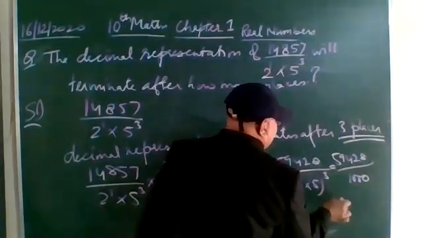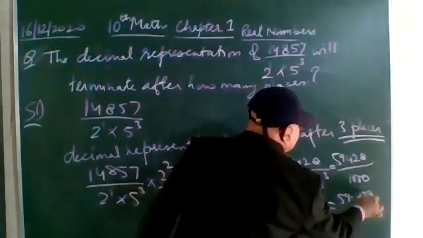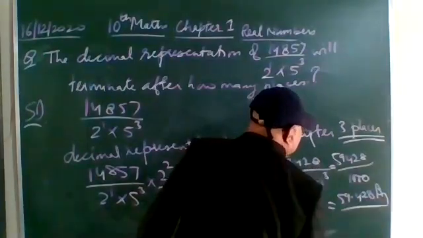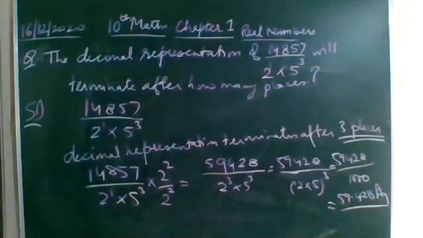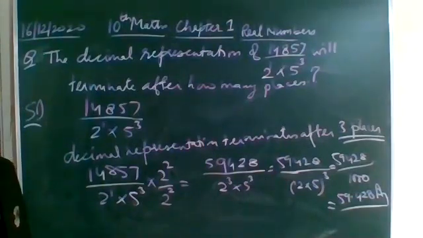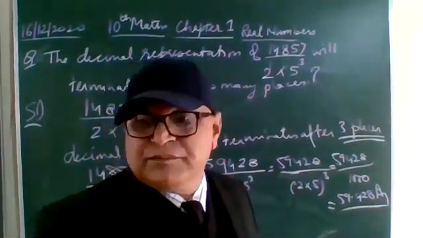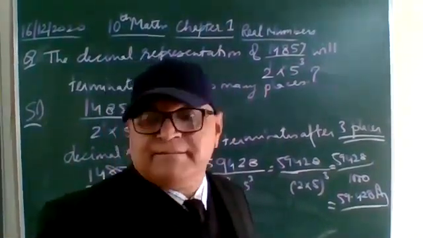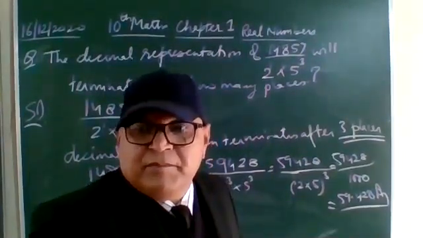So it will terminate: 59.428. This is the answer. So it terminates after 3 places. So final answer will be this. This is how you can do the question. Okay, now thank you.